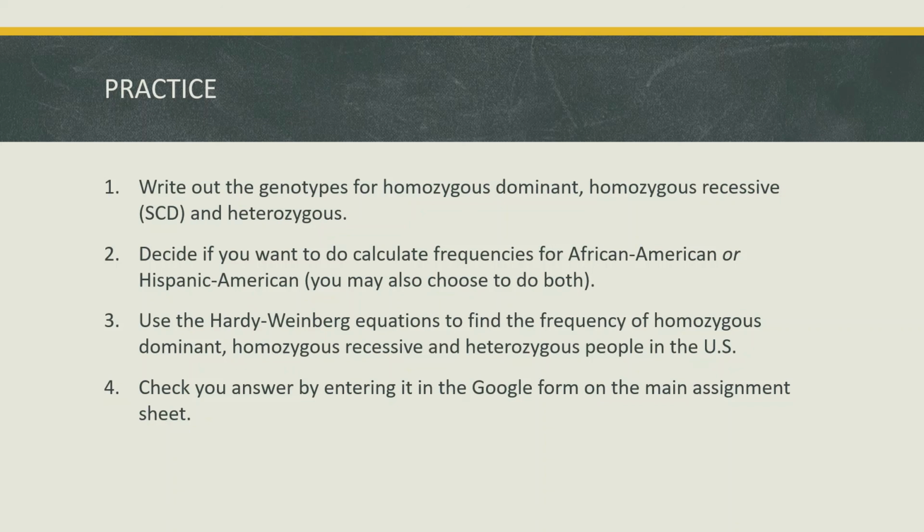Then, decide if you want to calculate just one, the frequency for African Americans or for Hispanic Americans, or if you want extra practice, you can do both. Then use the Hardy-Weinberg equations to find the frequency of the 3 genotypes in the US, and check your answers by putting them in the Google form on the main assignment sheet.